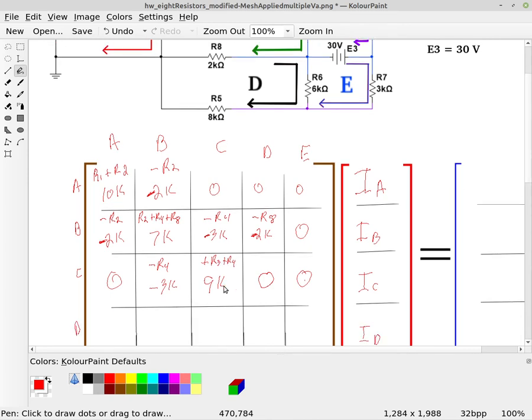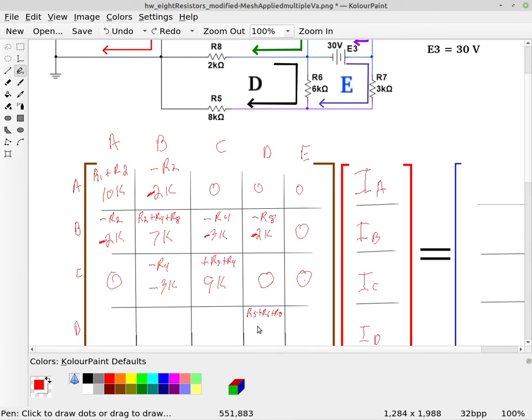So now we're going to look at loop D. We're going to look at column D and row D, which is where we're going to put these. We're going to look at all the resistors that are touching loop D. And so that's R5 plus R6 plus R8. I'm just putting them in numerical order here, but as you go around, you see R8, R6, and R5, which is actually reverse numerical order.